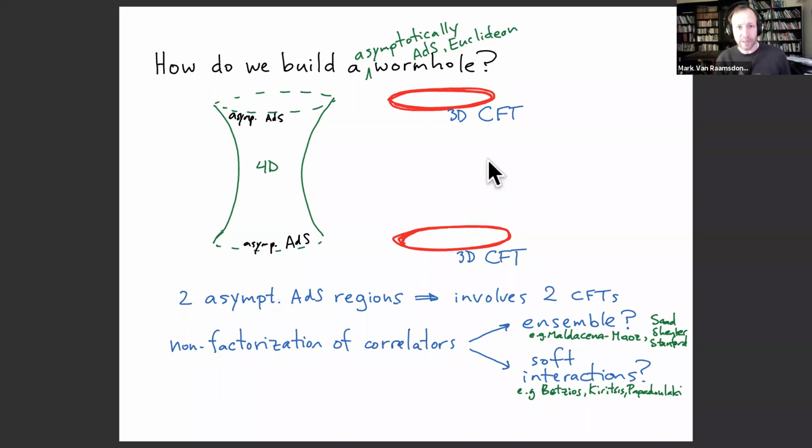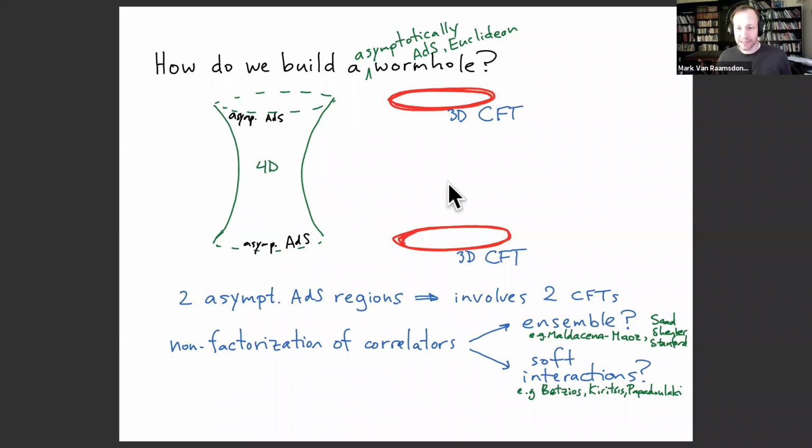So Maldacena and Maoz discussed this puzzle, and by now we have various ideas for how to resolve this. So one idea that we've understood recently to be correct in the context of JT gravity and other simple models of gravity is the idea that instead of this geometry being dual to a particular CFT on this pair of spheres, maybe the geometry here is actually dual to some ensemble average.